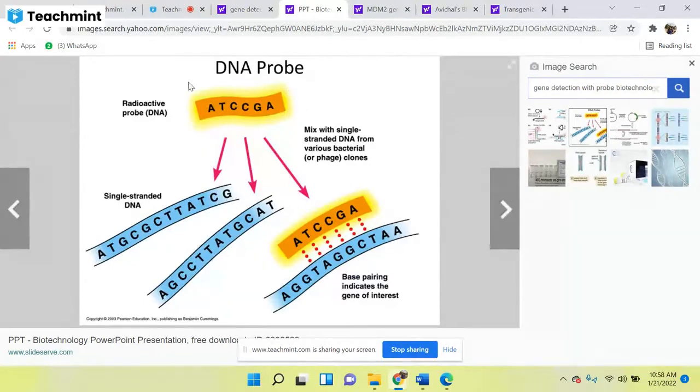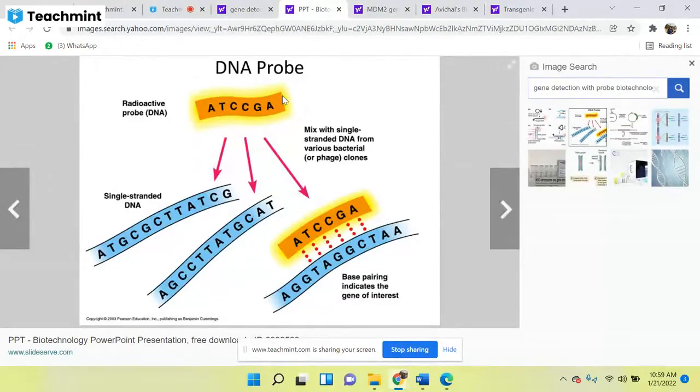Then we will make the probe. The probe will be based on that particular mutated sequence, and due to complementary bases, we can allow both of these sequences to bind by their base pairing mechanism. So we will take the probe and allow it to attach to the DNA, even in the tissue.